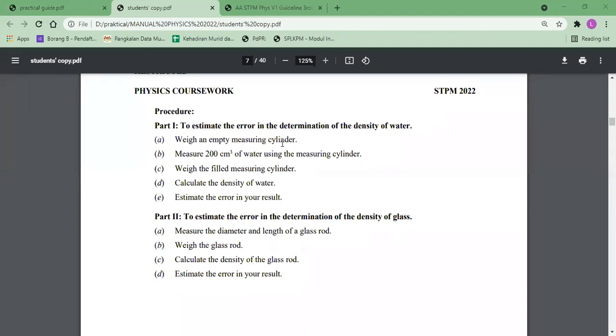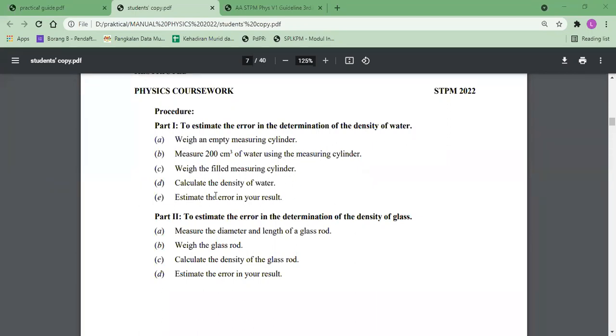In your report, you cannot write wet an empty measuring cylinder. So what you write is: an empty measuring cylinder is wet. 200 cm cube of water is measured, yeah, by using the measuring cylinder. So that and so on.